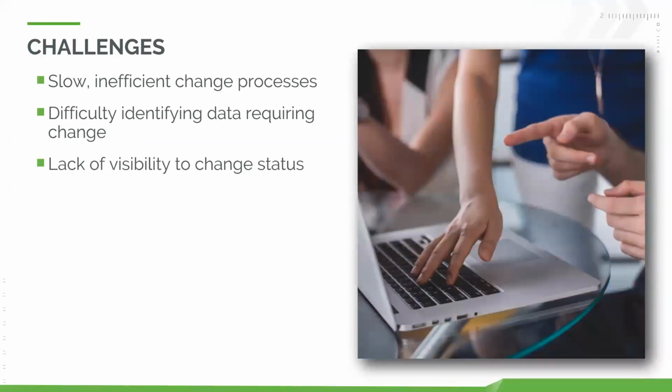And what also happens is that it can be difficult to understand the status of a change as well. An example of this is you have your own manual change process that might be set up from within a business. Maybe you handle it through emails or some other type of method. What you really don't have is visibility. It's really tough to understand when one of your change processes gets stuck.